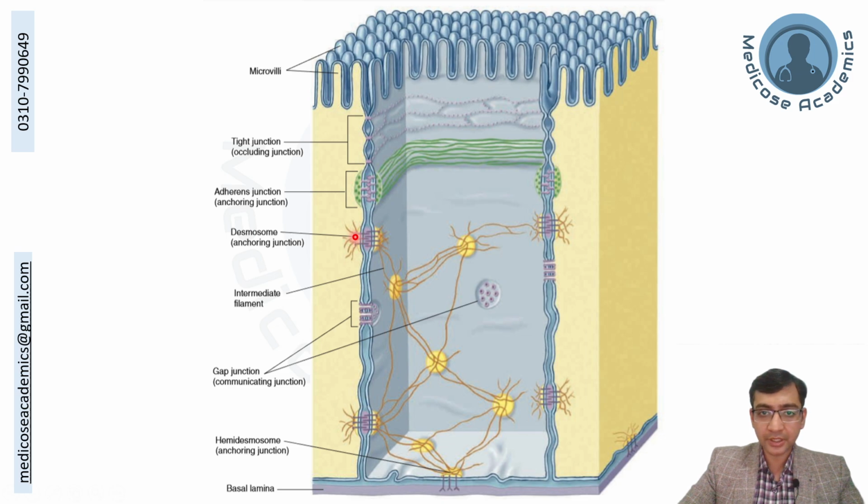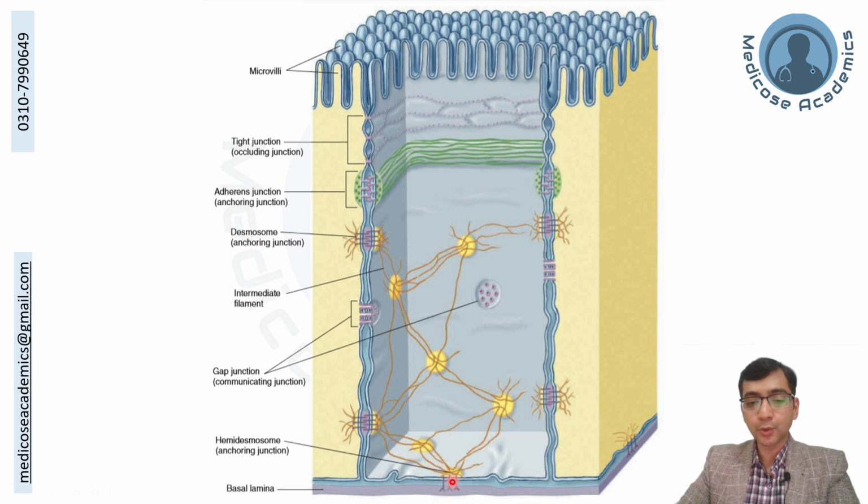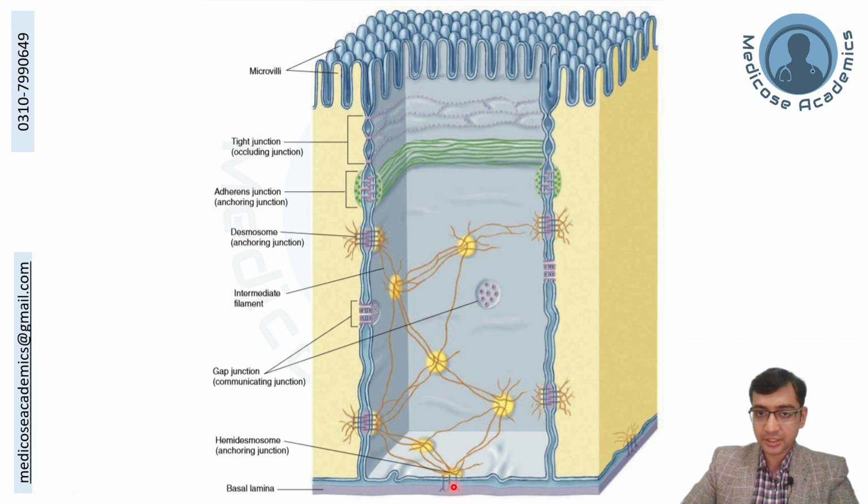This part is communicating with this part. Then comes this one on the basal surface, the hemidesmosome, which is an anchoring junction. It has a structure roughly half that of a desmosome, because on the corresponding side there is no cell to join with, rather the basement membrane.